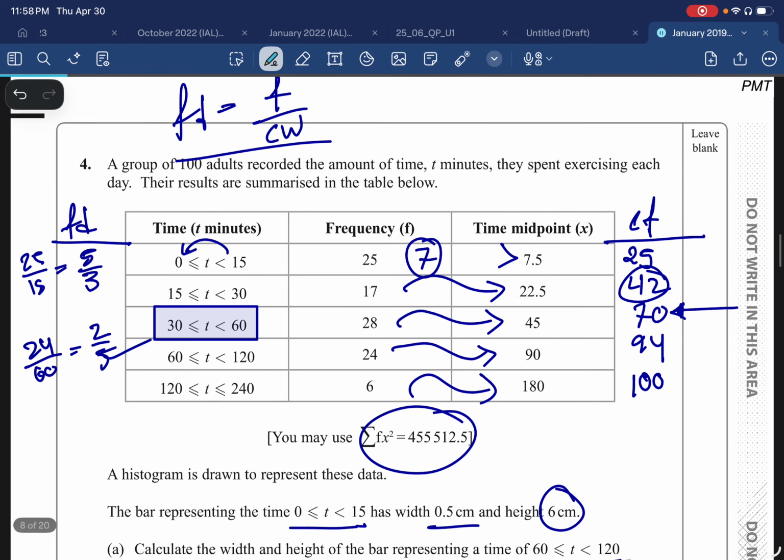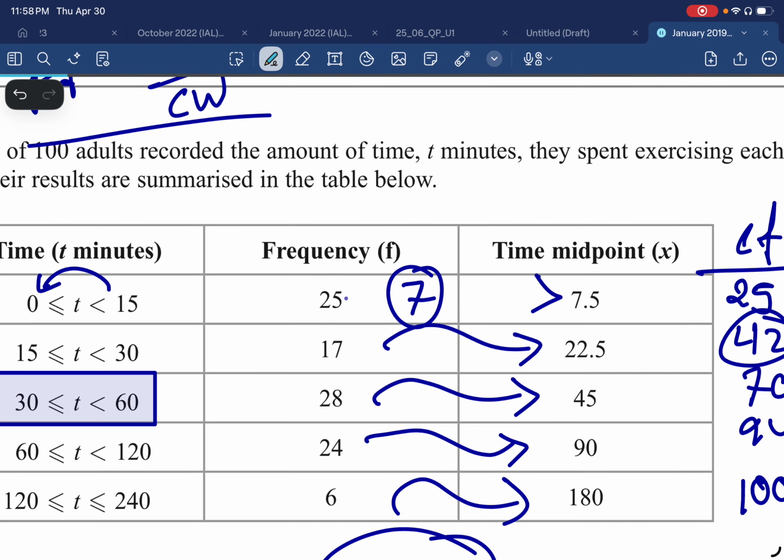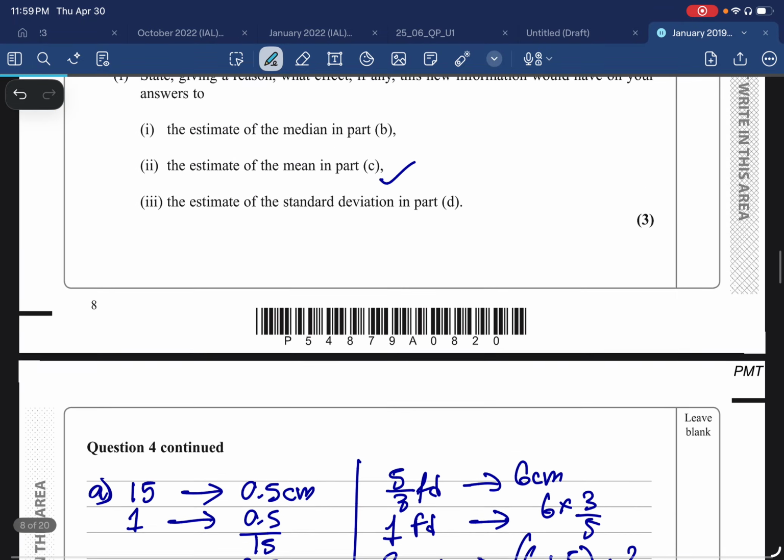Well, yes, the mean will change and it's going to be smaller because now in reality we took 25 into our register, assuming that all 25 did exercise, and turns out 7 actually did the exercise. So 7 is going to be our actual value that we should put into our entry. So now our mean is going to go low.